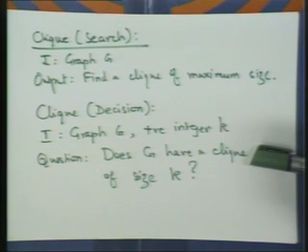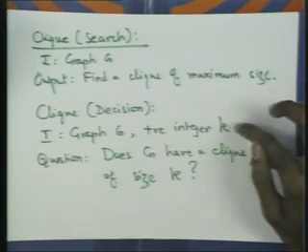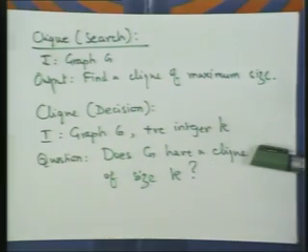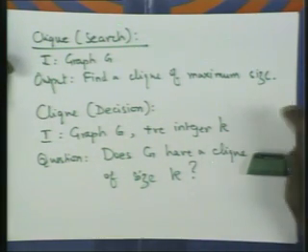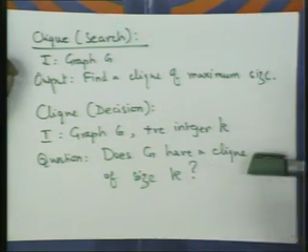If the graph has an edge, for k equal to 2 the answer is yes, right? So find the largest k for which this is true, and this you can do by binary search. You can even go sequentially: k equals 1, 2, 3, 4, 5, 6. Stop as soon as it answers no. The previous one was the size of the largest clique in the graph.